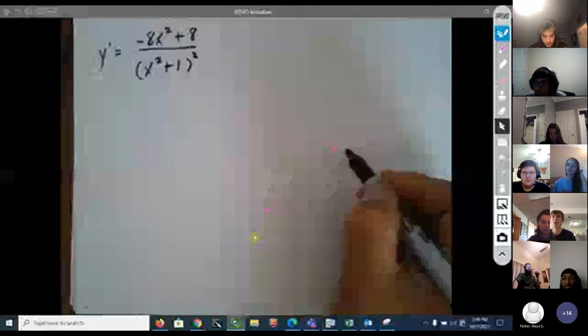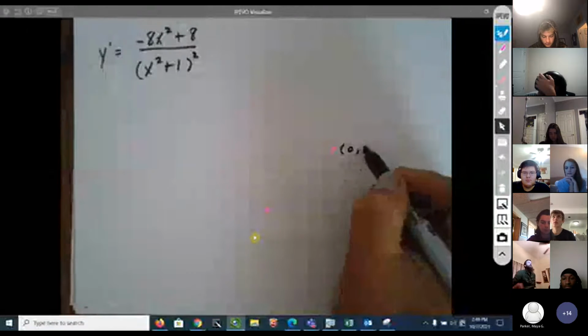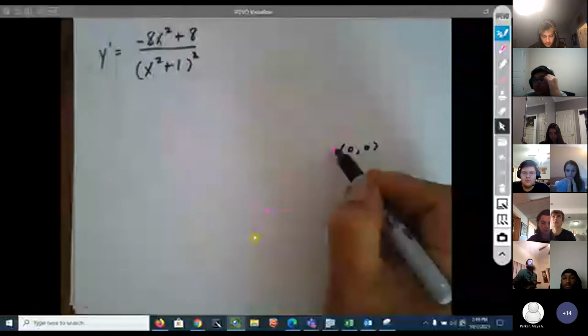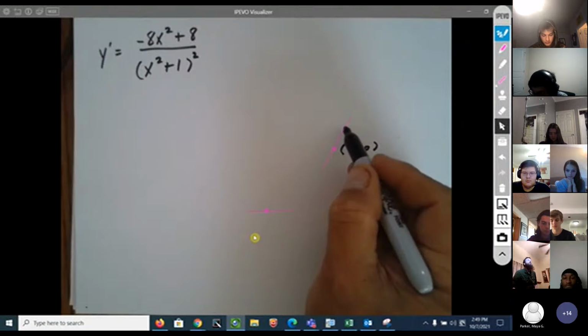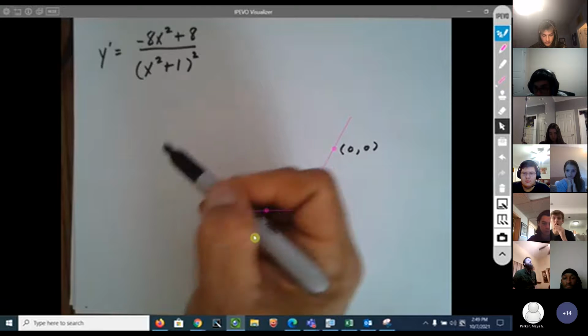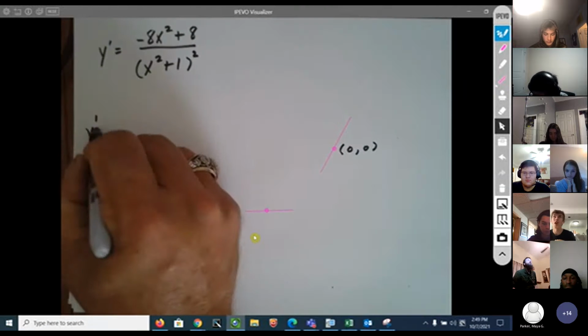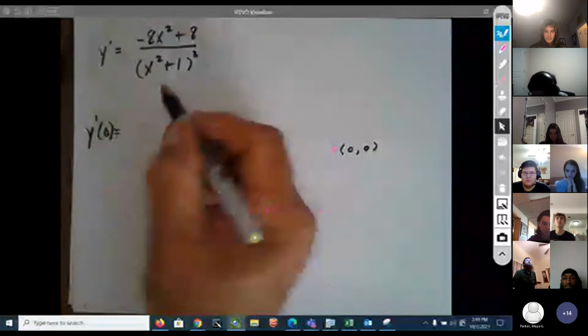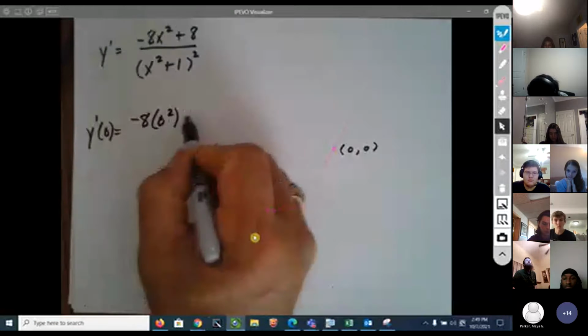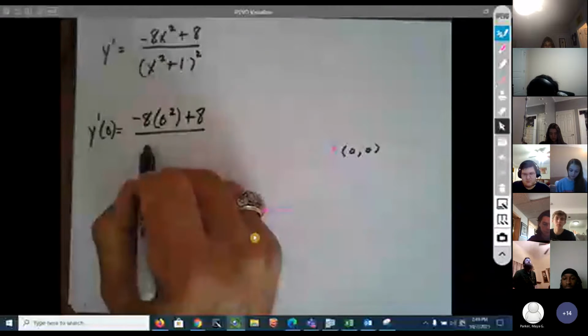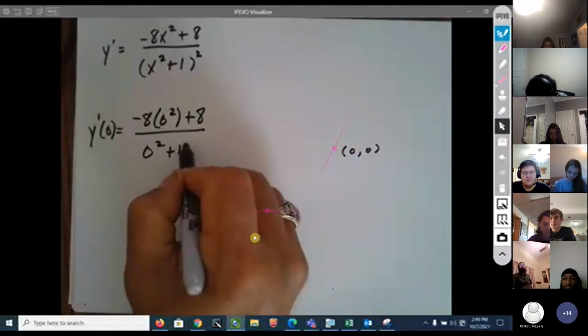The x right here is 0, and the y is 0 right there. So we're going to find the slope of this line right here. So the slope is going to be y prime of 0 is equal to negative 8 times 0 squared plus 8 over (0 squared plus 1) squared.